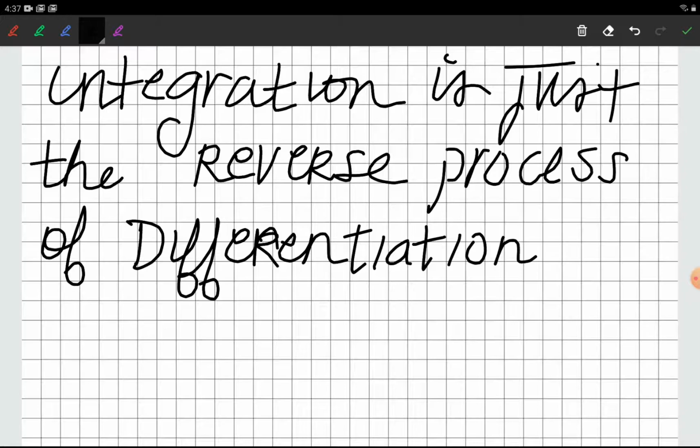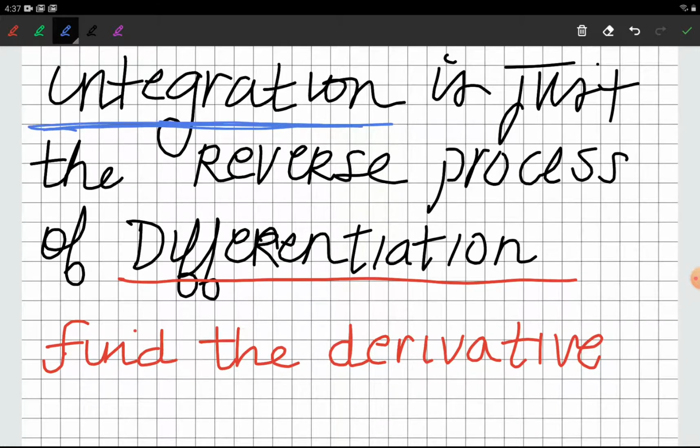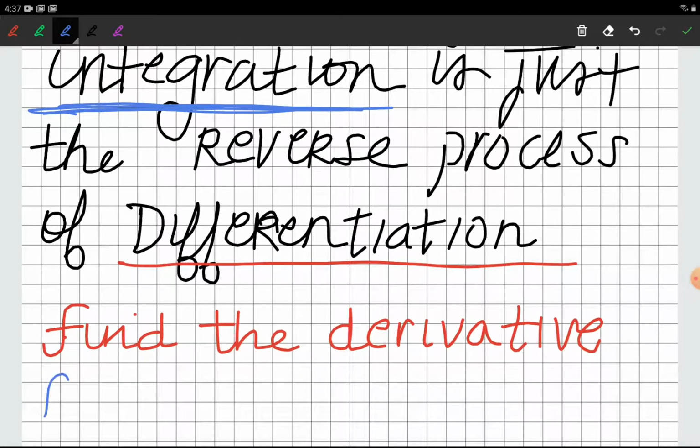In other words, I find the derivative, that's differentiation. Integration, I am finding the antiderivative.